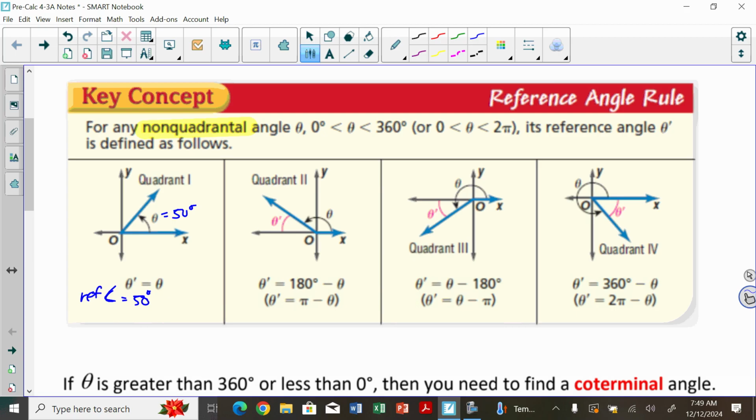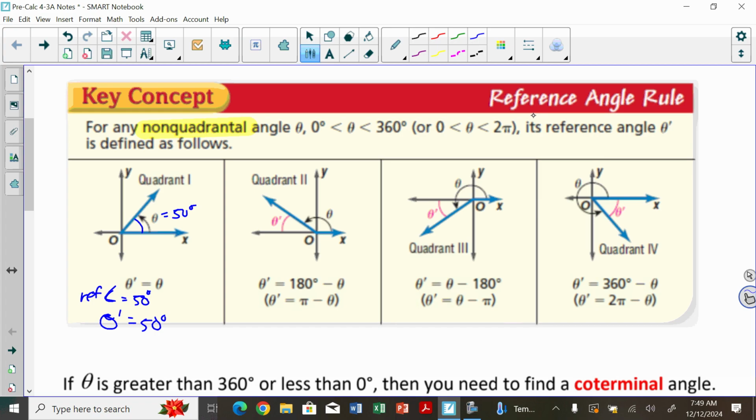Or we would say theta prime equals 50 degrees. Those would be the same, right? If we showed this on there, we would do this and not have an arrowhead. We'll show those a little bit more later on in some different examples.